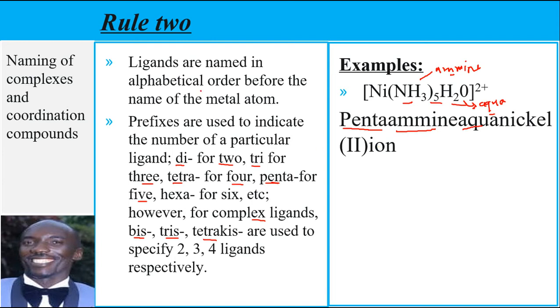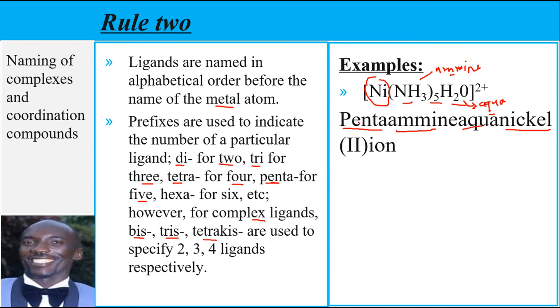Remember we have said that ligands are named in alphabetical order before the name of the metal atom. So in this case, the metal atom is nickel. This is the symbol for nickel. Nickel to iron. So this time round we are on arranging and naming the ligands. After that we shall see how we can determine the metal atom.